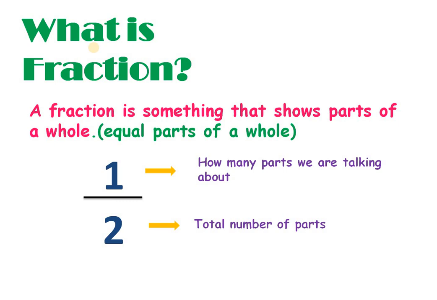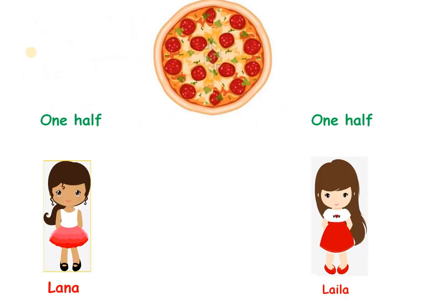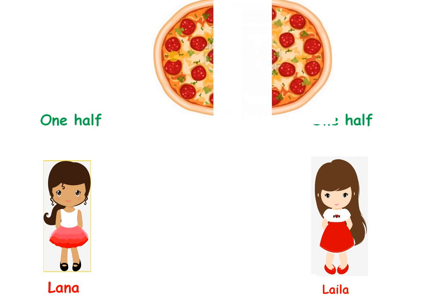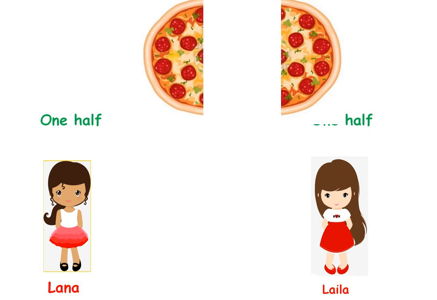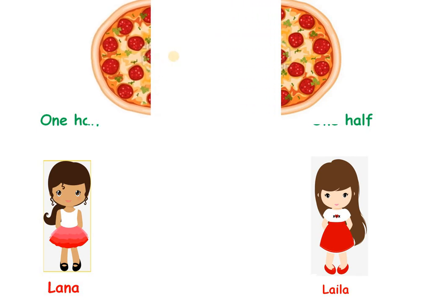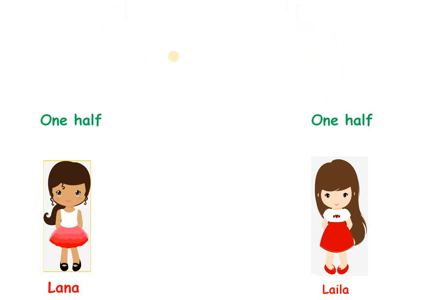Let's go back to Layla and Lana. First, the pizza had all its parts, so it was one whole pizza. Then Lana and Layla divided the pizza into two equal parts, and each one of them got one part out of 2.